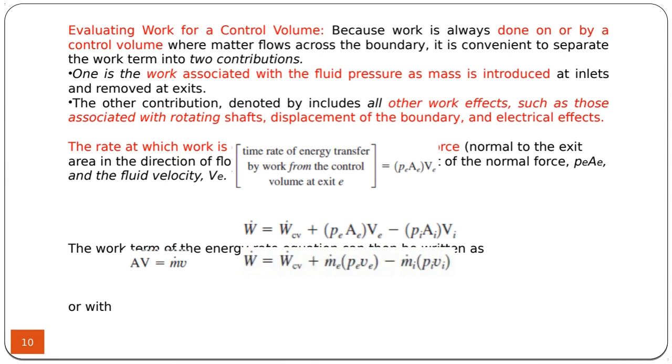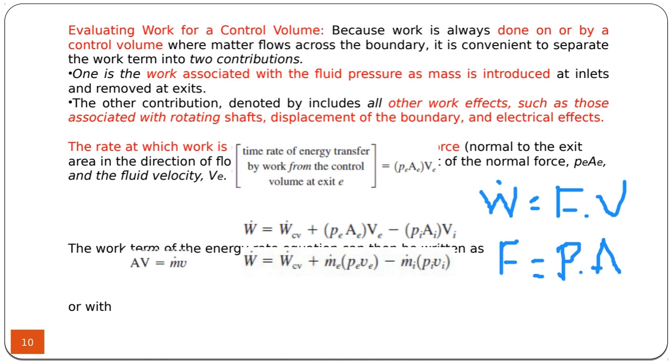Remember, when we say W dot in the mechanical sense, it is force times velocity, and force is the pressure force here. So P times area is the pressure force.